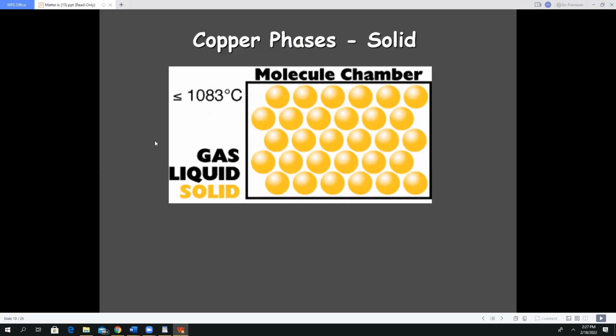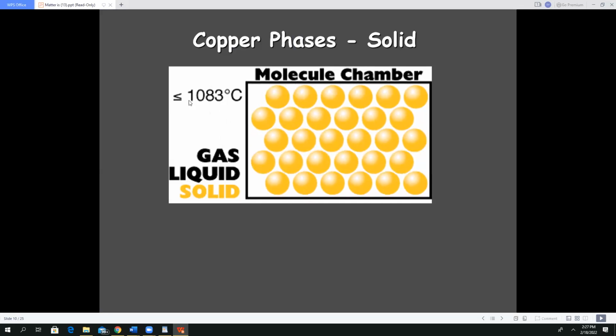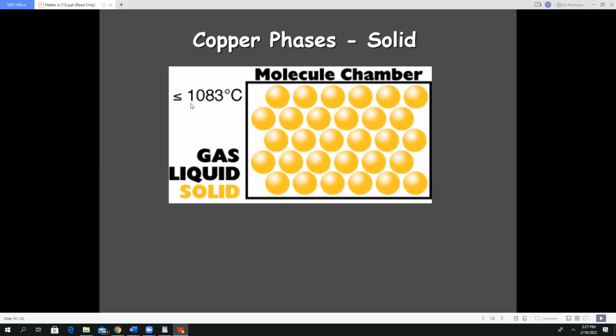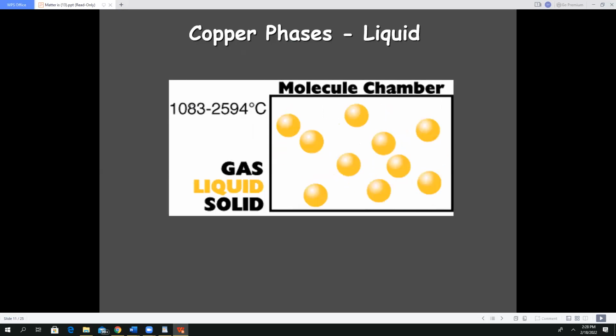Okay, so here's copper. Look at the temperatures it takes for copper to be still a solid. I mean, it's quite a bit. Copper will stay a solid unless you go above 1,000 degrees, almost 1,100 degrees. This is a liquid.